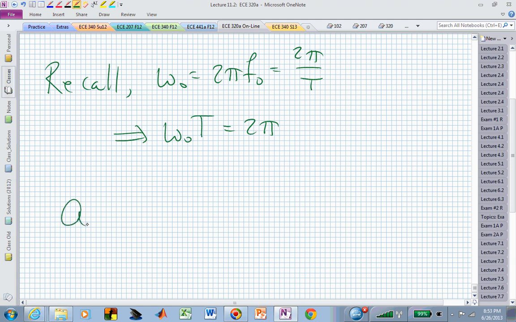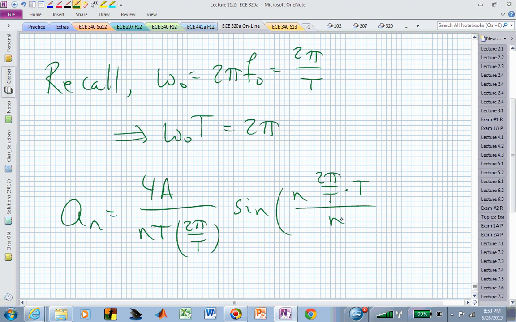And that now allows us to rewrite our a sub n coefficients. Meaning, a sub n was this 4a over n t, but then it was times omega naught, which is 2 pi over t, and we had sine of n omega naught, which is 2 pi over t, times t over 4.